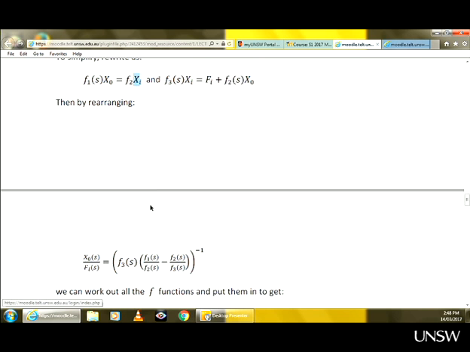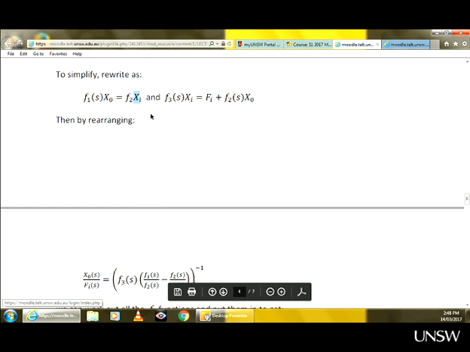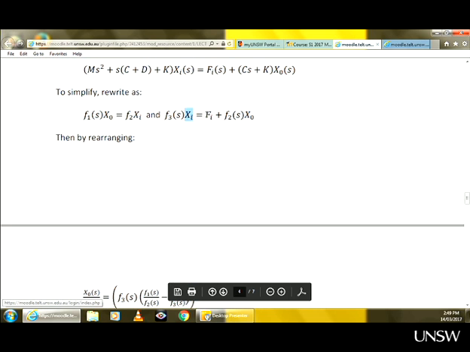Okay? You think it's too much of a jump from this point to this point. Xi will be equal to F1 over F2 times Xo. Write it here. So you have F3 times F1 divided by F2. Okay? And then Fi and Xo remain unchanged.